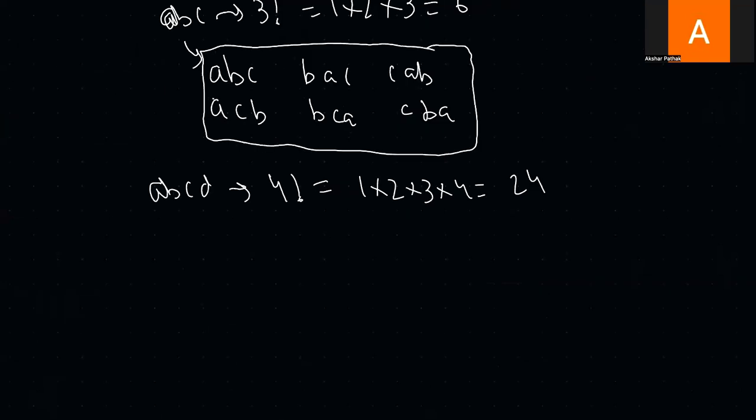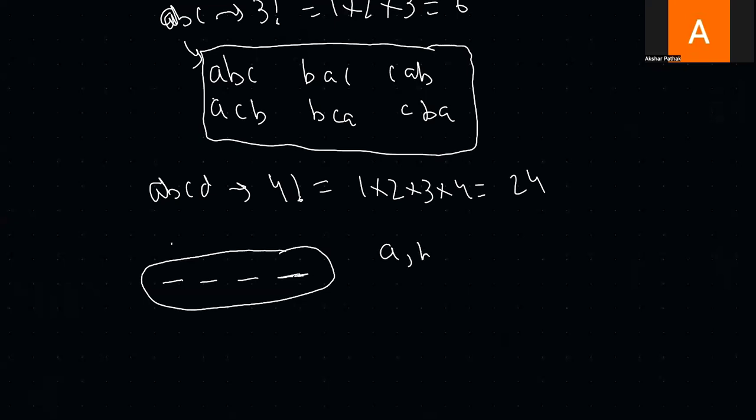Let's say that you have 4 items, and I want to arrange all these 4 items. So what can I do? Suppose we have A, B, C, and D. These are our 4 distinct items.